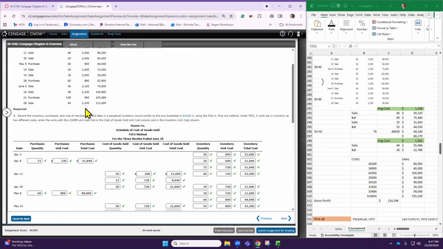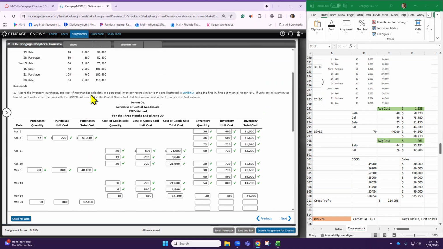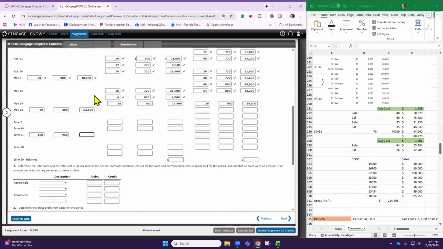So 52,800. And then the last purchase, so you could just go ahead and put all your purchases in there. 103,680. Okay. So now we just bring down the layer that we have remaining and add the new one. 60 units at 880 adds another 52,800.